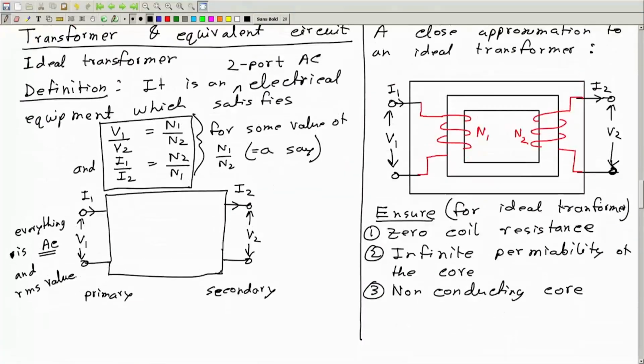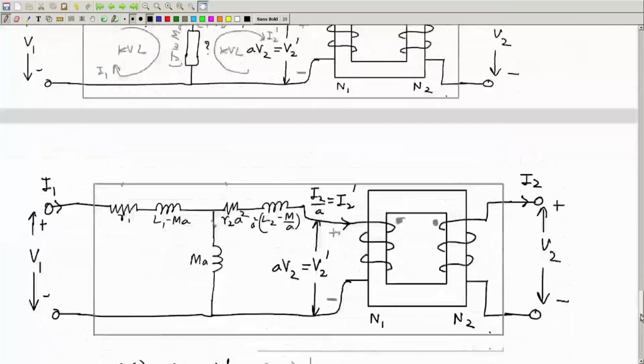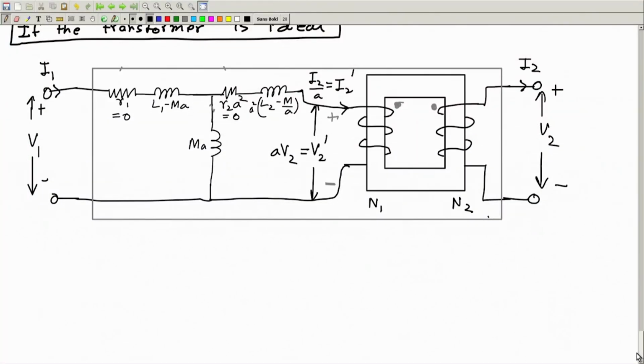Going back, for an ideal transformer, the coil resistance should be 0. So R1, R2 will be 0. And then I'll show you that this will also be equal to 0. Why? So this is equivalent to this practical transformer, right?